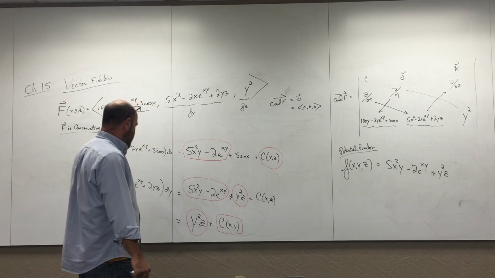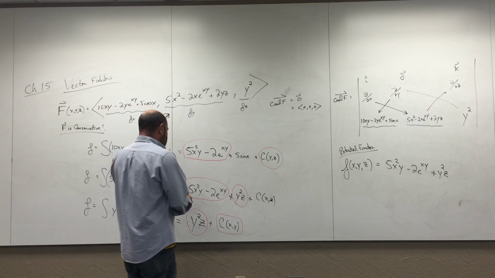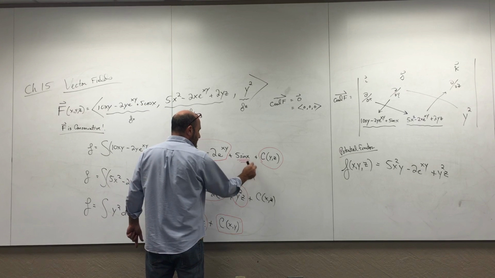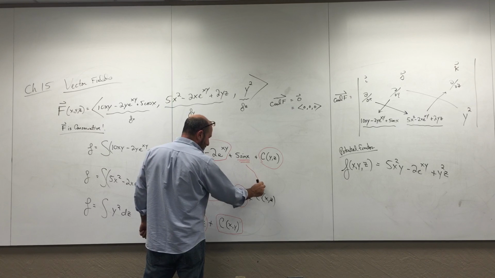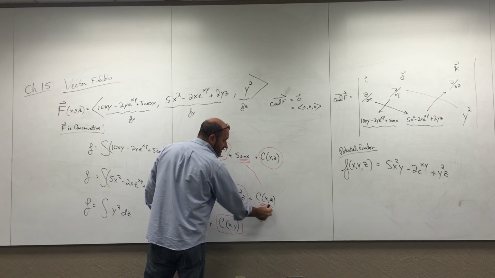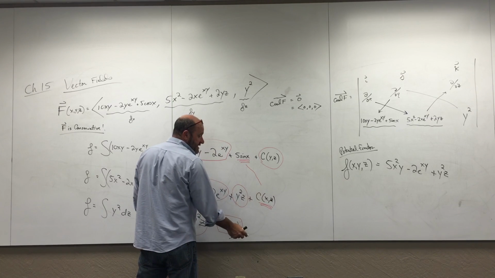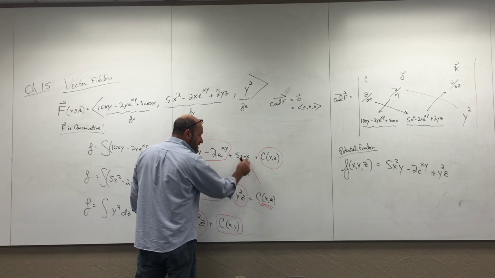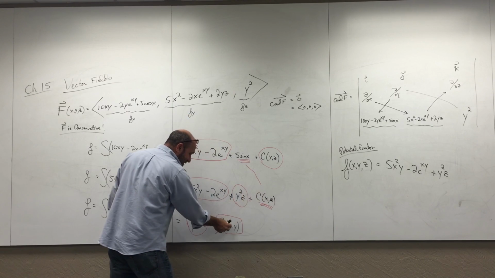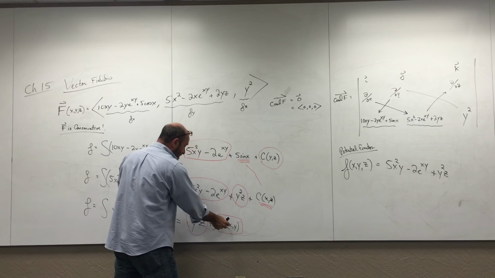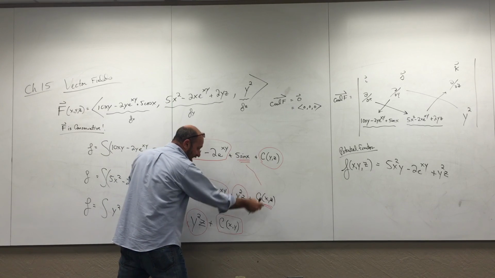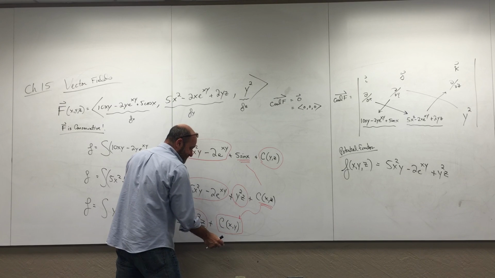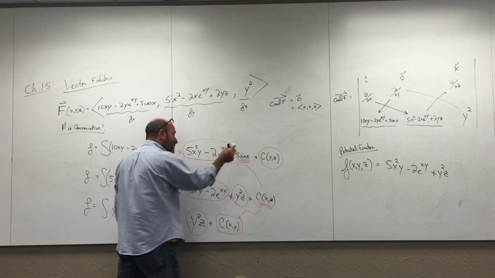What else? Oh, it's got this function of x. Well, I could say this is a function of x, couldn't I? It just doesn't have any z's. It doesn't have to have z's. So I could say these match up. I've already used this, but if it's a function of x, it could be used here, right? Yeah. So I need it too.